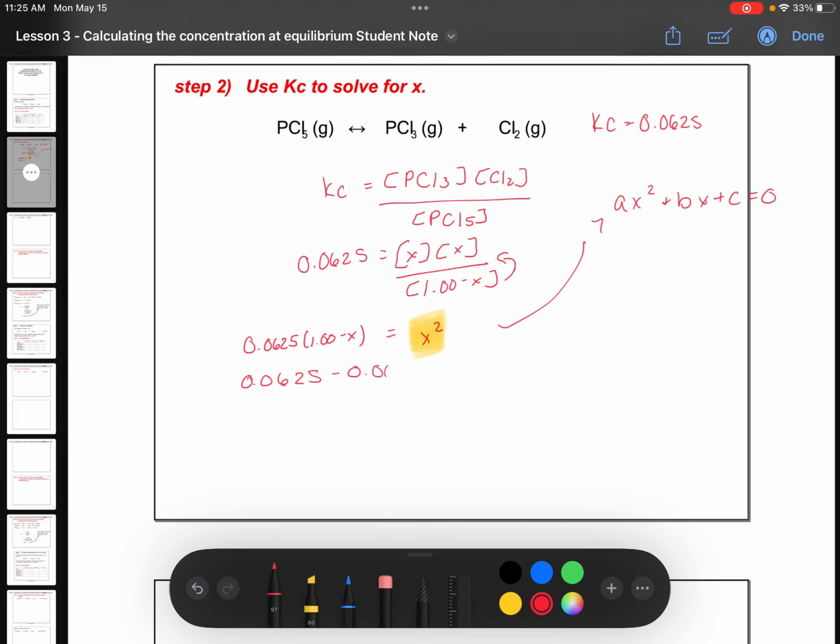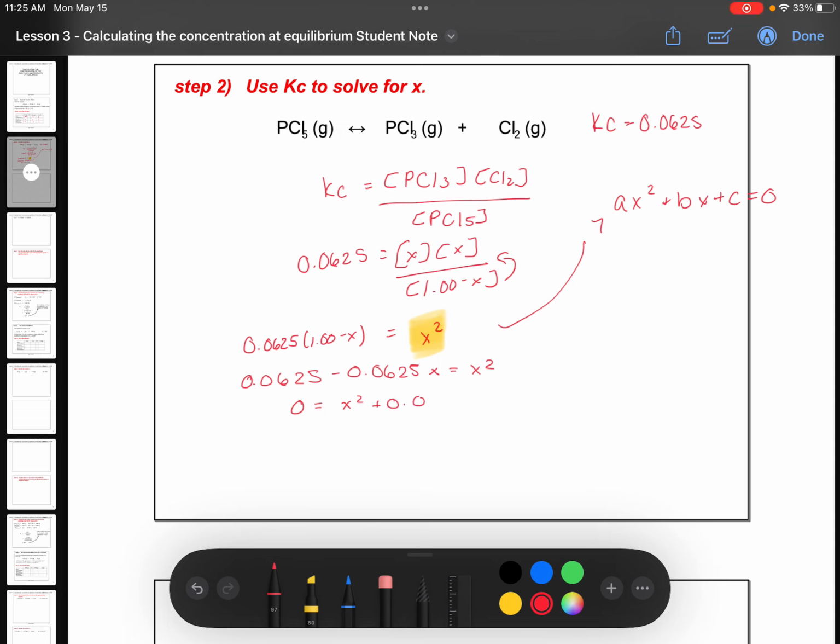So from there, we are going to expand and get rid of our brackets. So we'll get 0.0625 minus 0.0625x equals x squared.